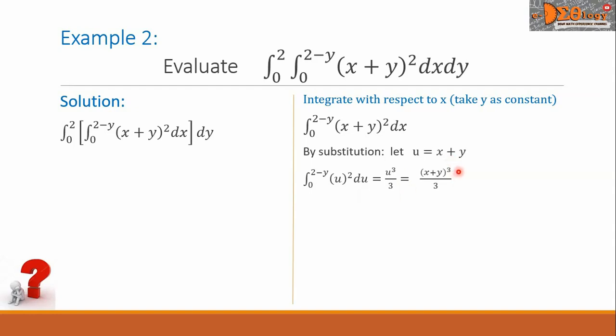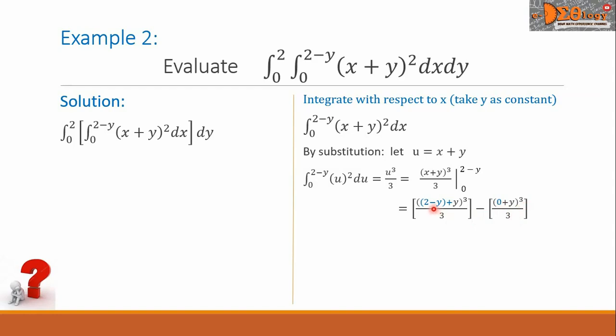So we have the cube of the quantity x plus y all over 3 to be evaluated from 0 up to 2 minus y. Substituting the values, we have now the first group, 2 minus y, then plus y, all raised to power 3, all over 3, minus the second group, 0 plus y, raised to power 3 all over 3.